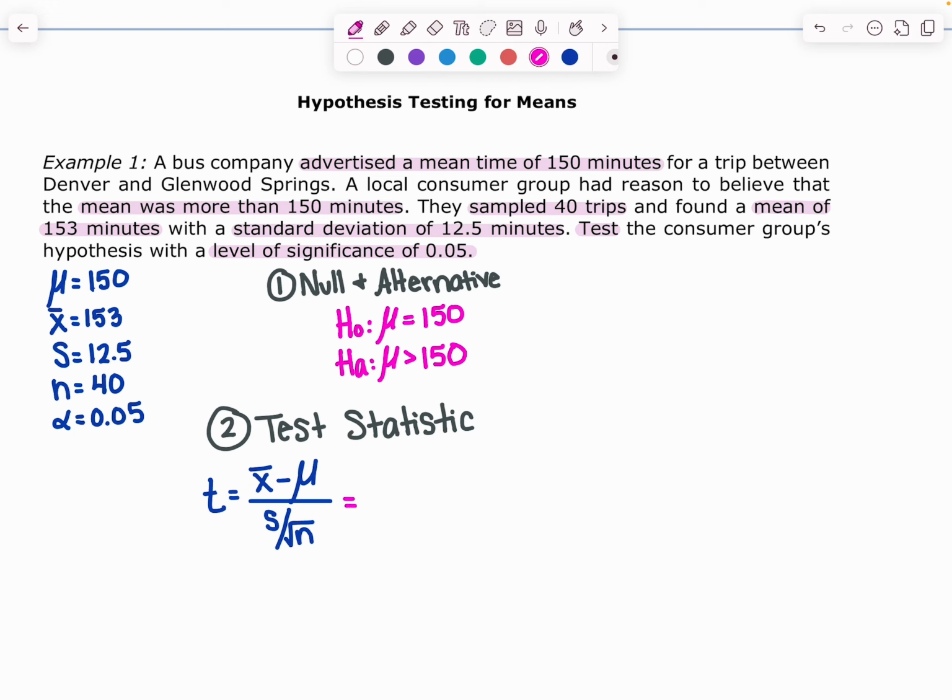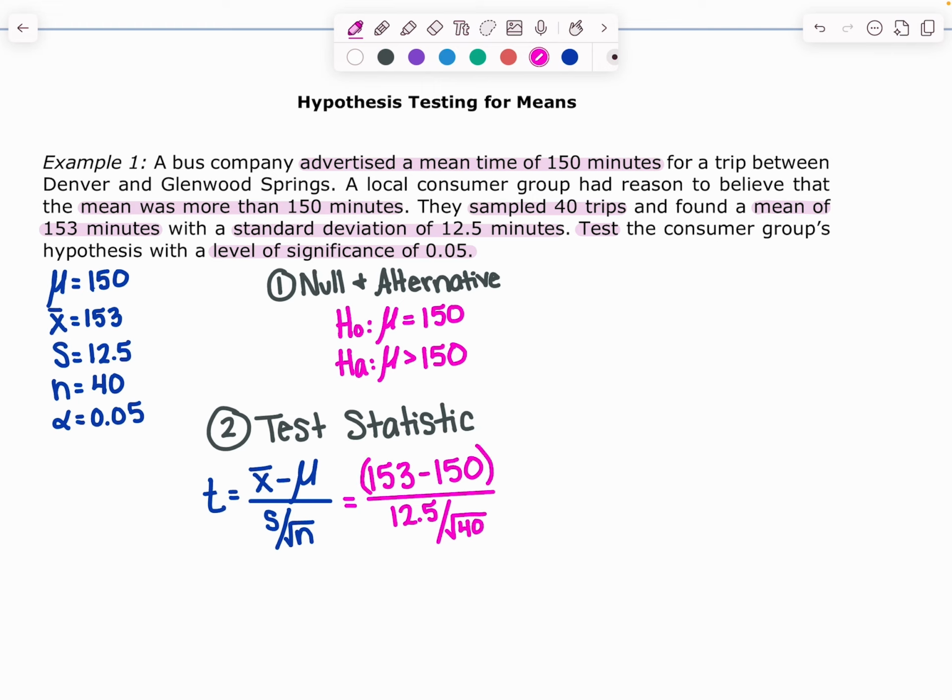So X bar is 153 minus 150 is mu, over 12.5 divided by the square root of 40.